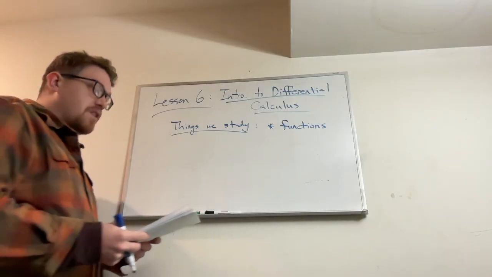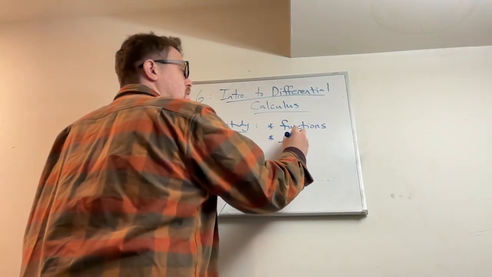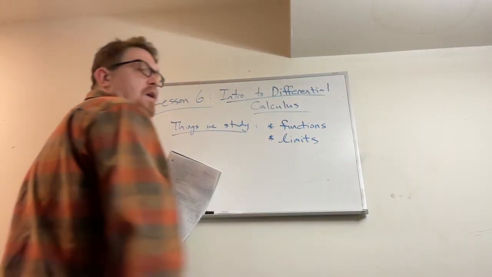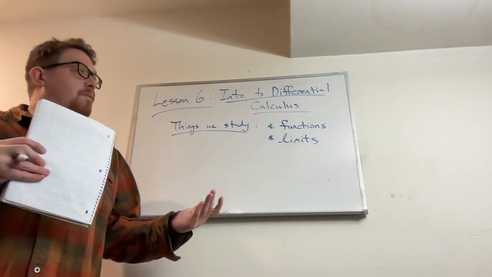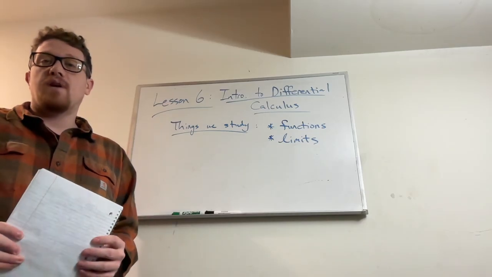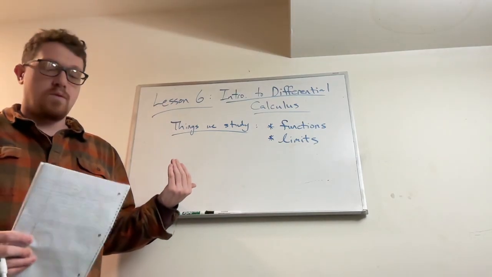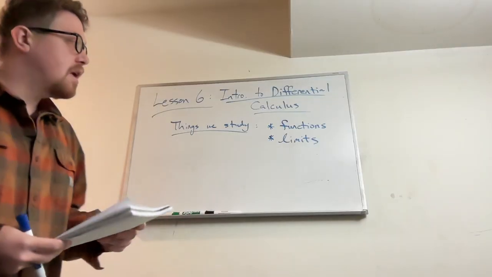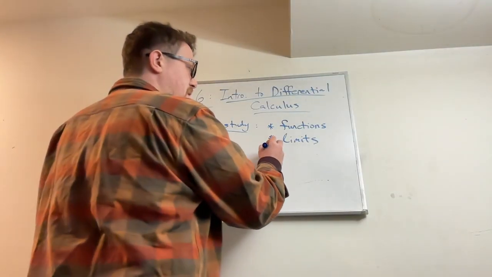So we have functions, and then importantly, we have the limits of functions. And the limit of a function just means what value the function is approaching as we get closer to some value in the input. So I'll draw a picture in a little bit, but we have functions, limits, rates of change of functions.